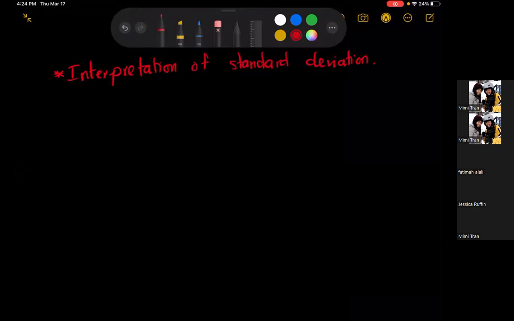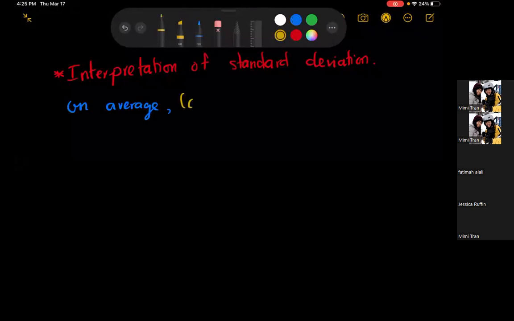There you go. Do you remember? It's on your exam one. So what is the word here? Well, there's no context. On average, it would be 2 standard deviations, and then context.